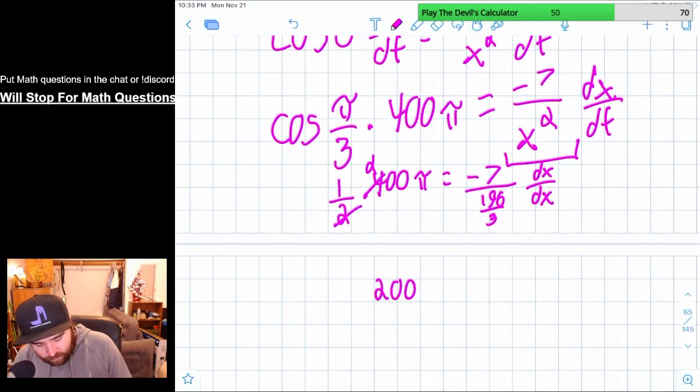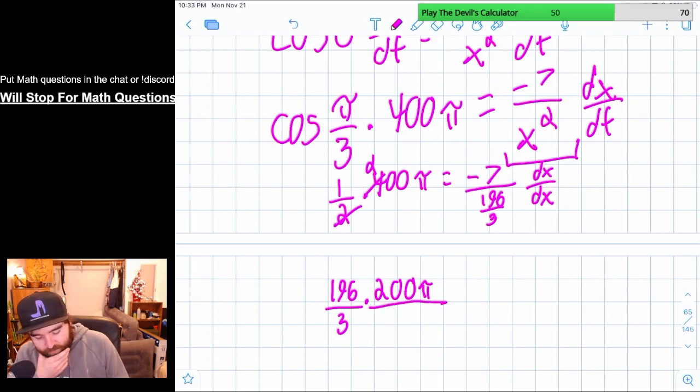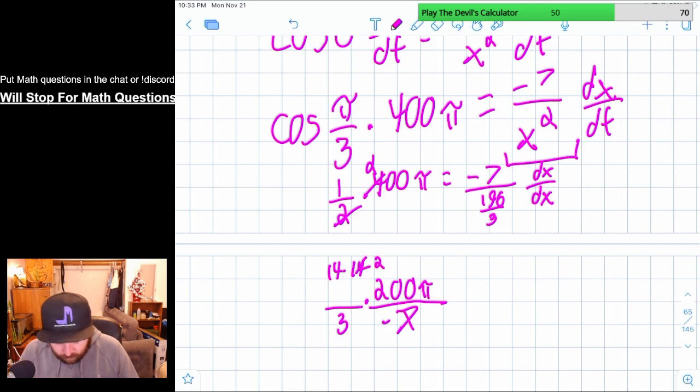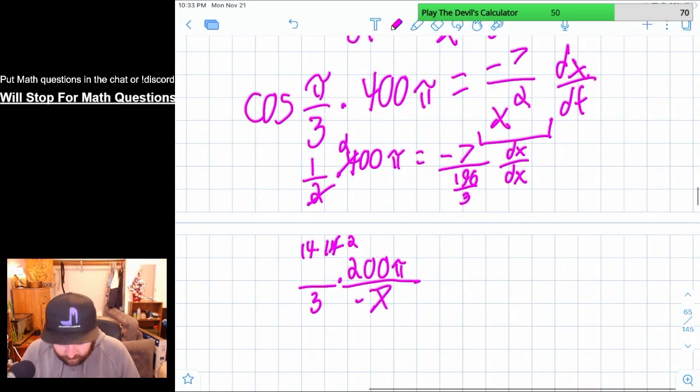So we'll have 200 pi, but then we have to multiply by 196 over 3. And then we have to divide by negative 7. So I guess I should have made this still 14 times 14. Because now we're going to cancel one of those and make that a 2. We still have the other one, though.